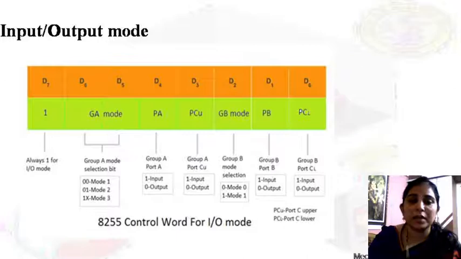And port A, again a bit information, 0 or 1: if the content of D4 is 0, it works as the output port, and if it is 1, it works as the input port. And the last bit, D7, is always 1 for IO mode.